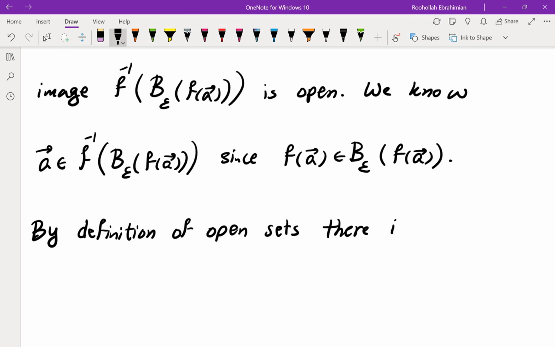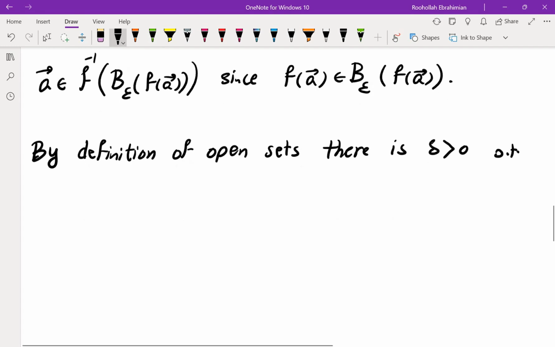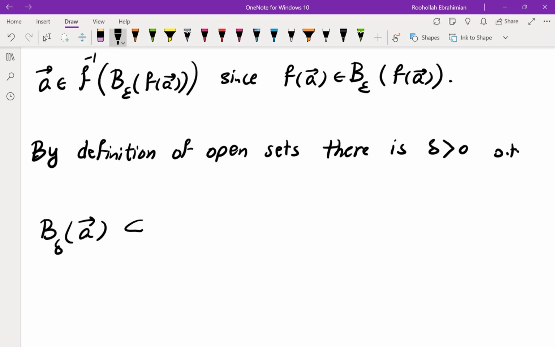I'm going to call the radius of that ball delta. There is delta positive such that the ball of radius delta centered at A is completely inside f inverse of the ball of radius epsilon centered at f of A.